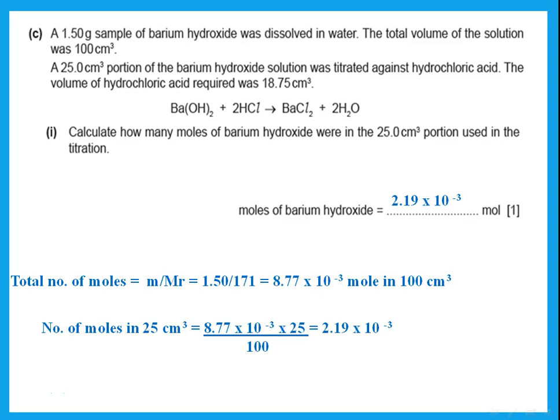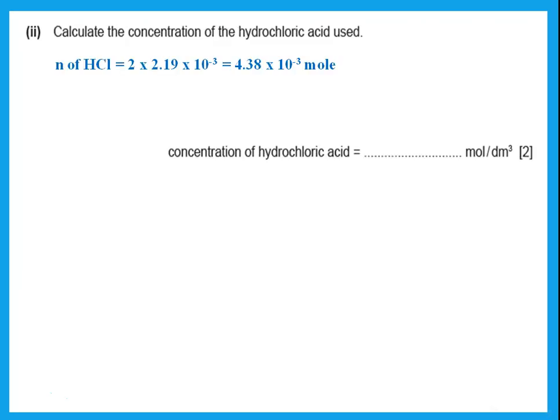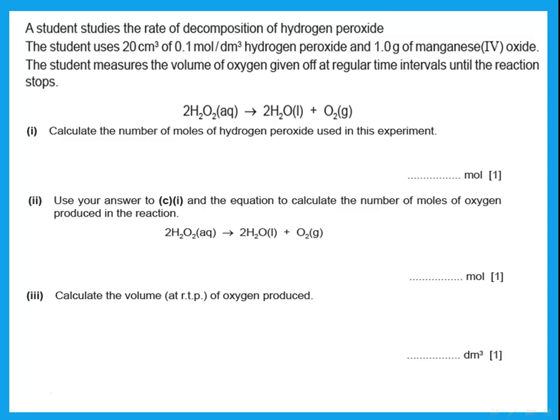Remember that the equation says if I have 2.19 times 10 to the minus 3 mole of barium hydroxide, the number of moles of HCl should be twice. So the number of moles is twice, that is the number of moles of HCl. From that I can get concentration. Concentration is number of moles over volume, the number of moles that we calculated over the 18.75 in decimeter cubed. So this is the concentration of hydrochloric acid.